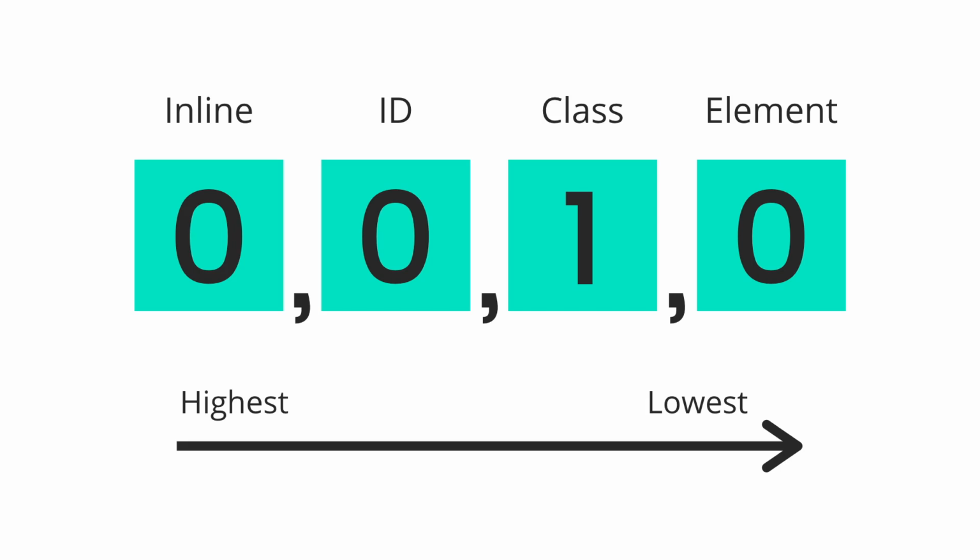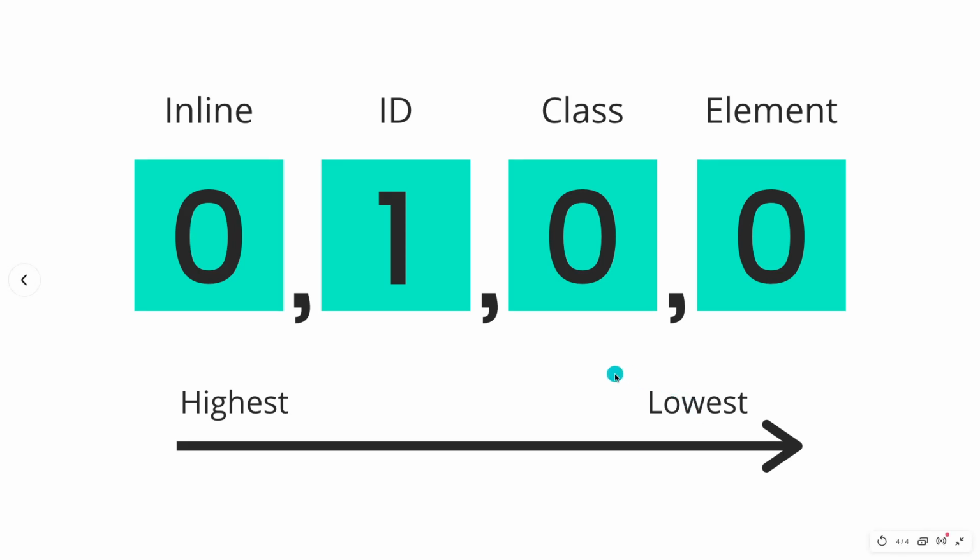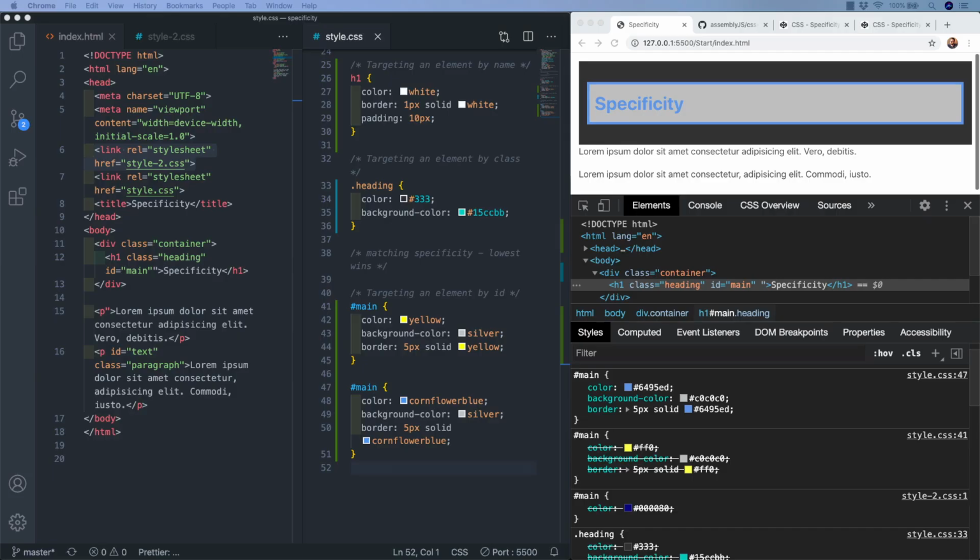The class selector in turn is less specific than the ID selector, and we saw that our hash main selector overruled any clashing styles applied by the heading class selector. We see that inline styles have a higher specificity even than ID selector, so let's try that out. As we said, we can add inline styles inside the opening tag of an HTML element using the style attribute.